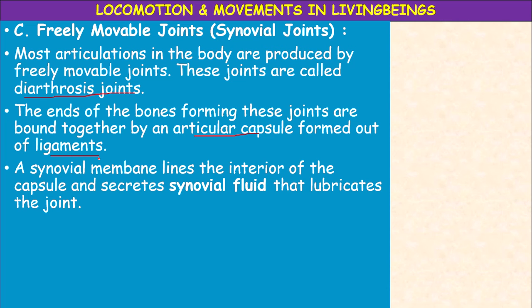A synovial membrane lines the interior of the capsule and secretes a fluid, synovial fluid. This synovial fluid lubricates the joint. Lubricates means it acts just like oil. In order to run a machine, we apply lubricant oil, whatever the machine may be, even for bikes, wherever the levers are present.